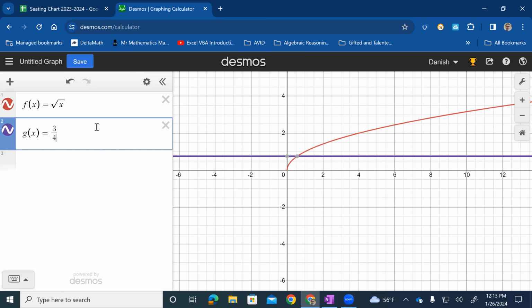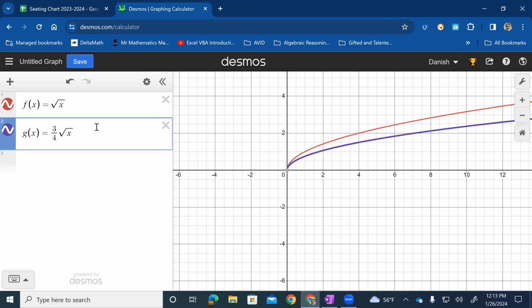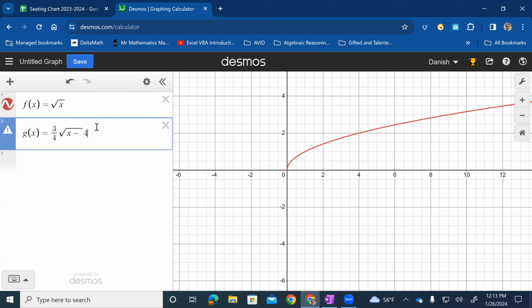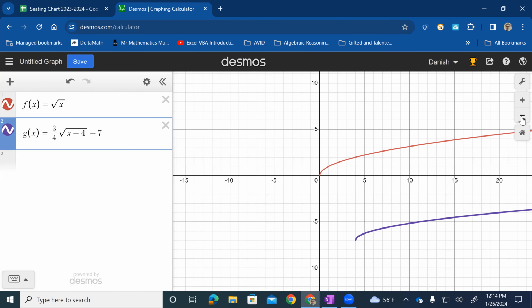That was 3/4 times square root of x minus, what was that, minus or plus? Minus 4, the 4 should be inside the square root, and then after that I have a -7. So can you look at the board now and tell me what happened to the curve from the red to the purple?